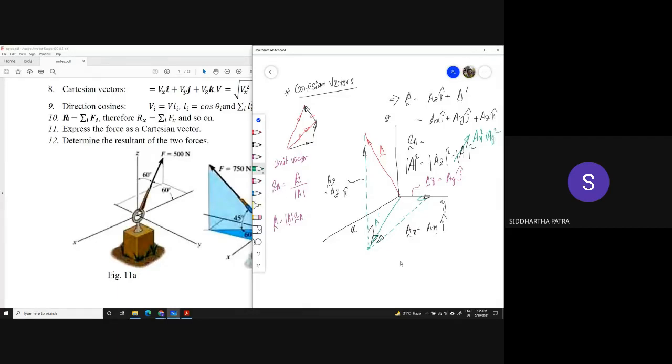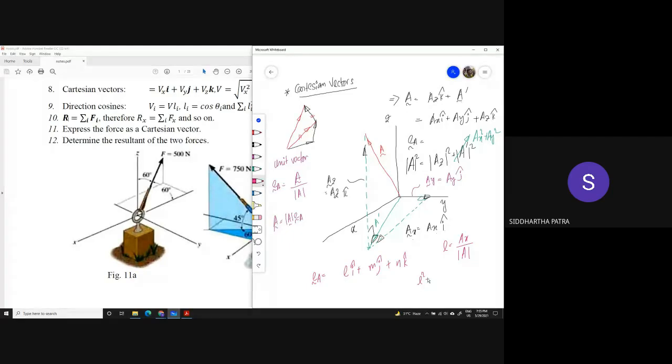So if I were to write the unit vector along A, that would be, let's say, Li plus Mj plus Nk, where L is, let's say, Ax divided by the magnitude of A. And similarly, you can identify what M and N are.